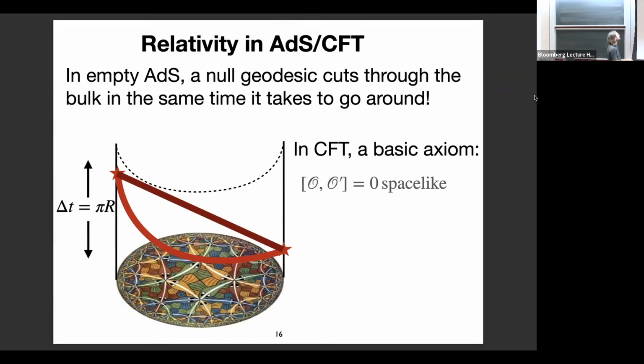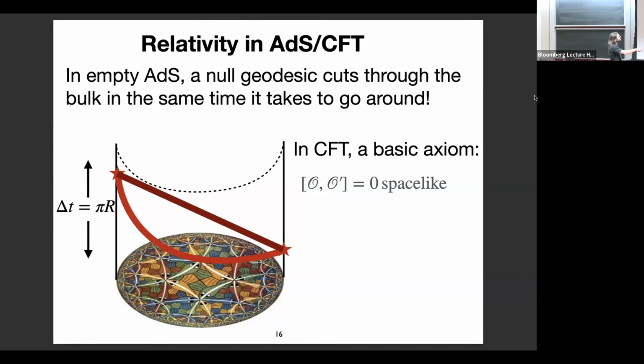If we step back to the very basics of AdS/CFT, there's a quite remarkable feature of empty AdS space. This is the Lorentzian version of it. If you shoot a light ray along the boundary, it moves with the speed of light, and it takes some time to reach the antipodal point, which is just pi times r.